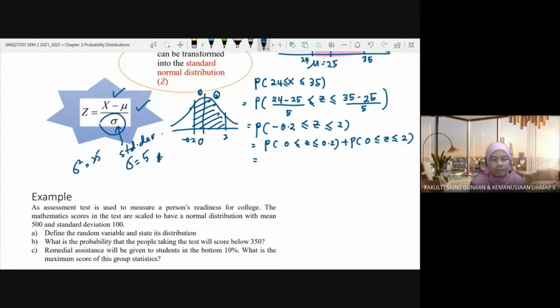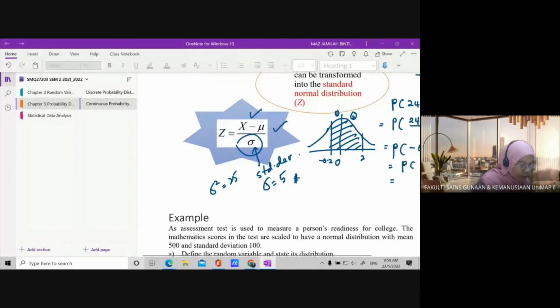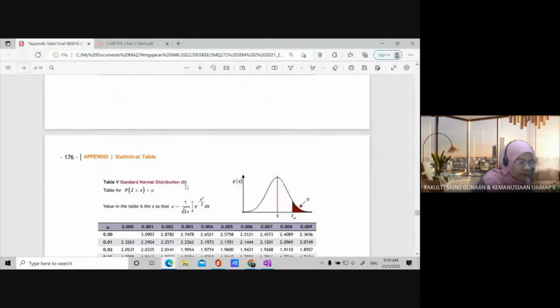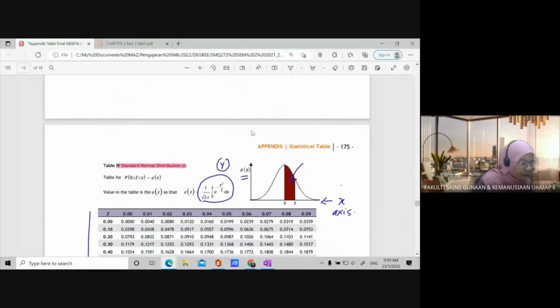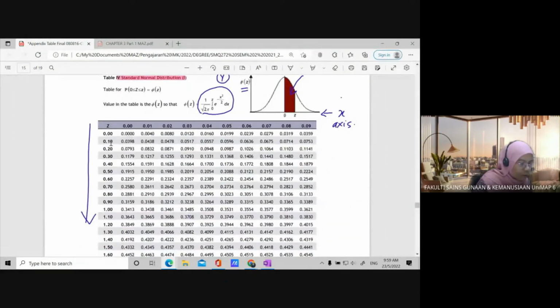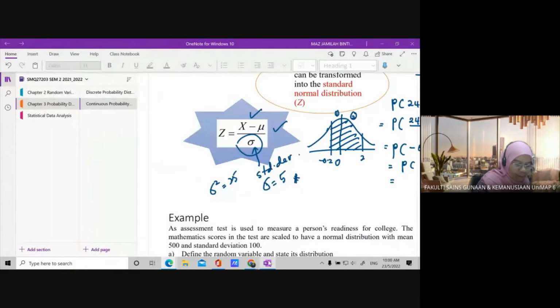Can you please? Someone? Which table do you need to refer to? This is the first table, not the upper table. So looking for 0.2, from 0 until 0.2, just look at 0.2 and 0.